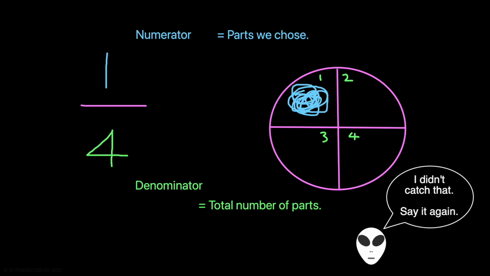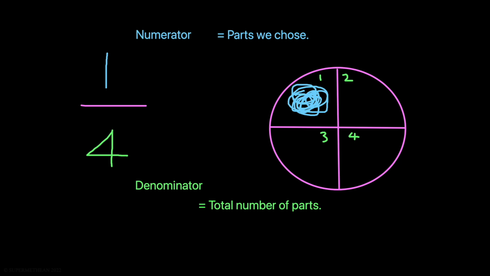So let's say that again. Your denominator is the total number of parts that you divided your whole up into. And your numerator is the number of pieces that you've selected out of those total number of parts. And then we take the ones we selected, the numerator, and we put them over the total number, the denominator.